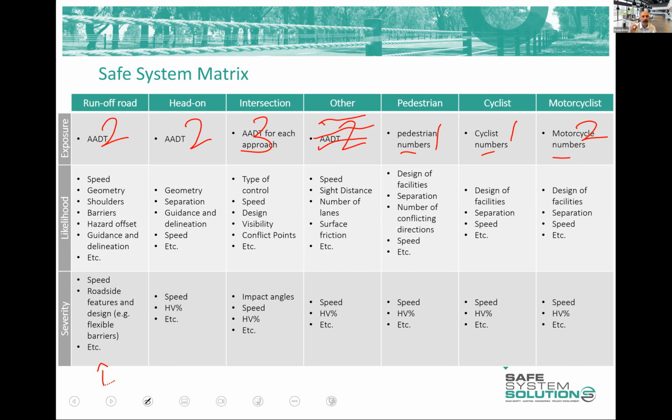So if you measure it and it's 1 meter off the road and it's a tree, and then you measure it again and it's 1.5 meters off, the reality is the likelihood maybe comes down a little bit, but it's not enough for me to jump a whole number. The severity stays the same because it's a tree, and if the speed hasn't changed, severity stays the same, and the likelihood stays the same, the volume of traffic is the same. But under an NRRIT or a network roadside risk, you'd be in the precision of that, and it would give you a little variation in your numbers.